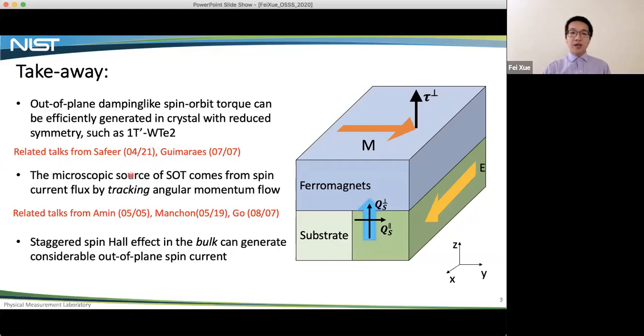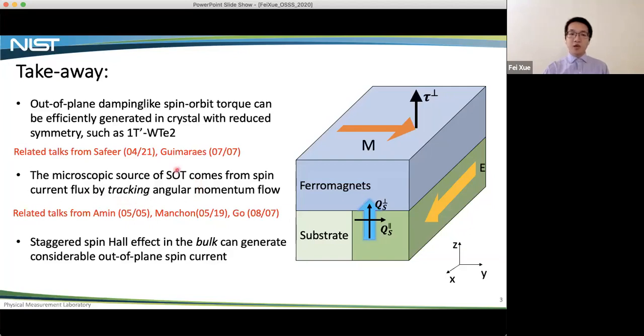The other takeaway is not just a calculation of the torque or its dependence or behavior itself. We are trying to understand why such a torque exists and where it is coming from.